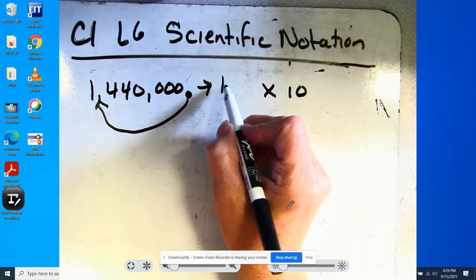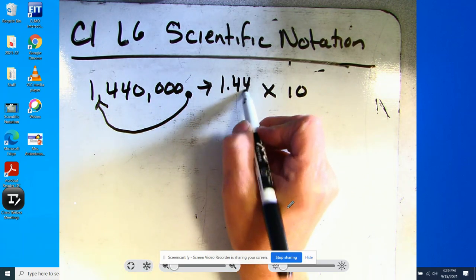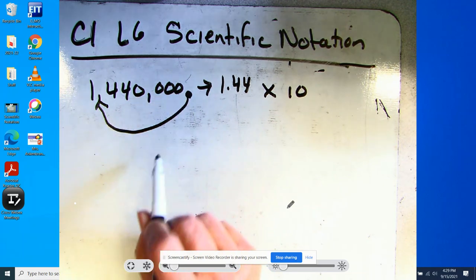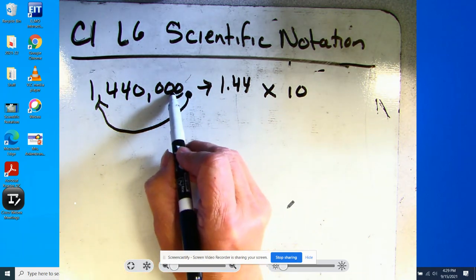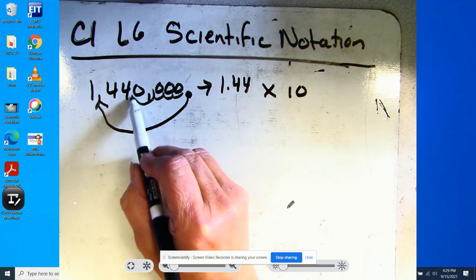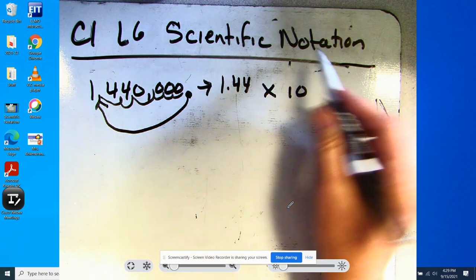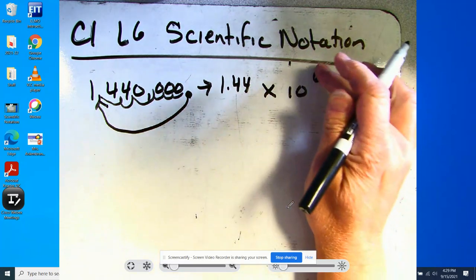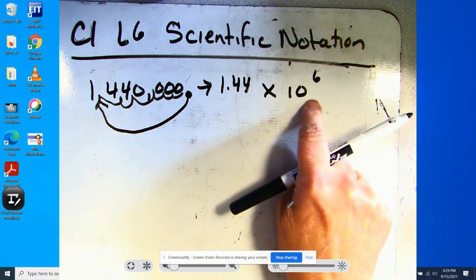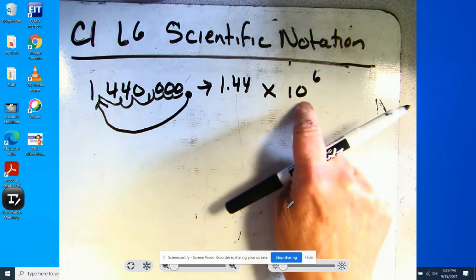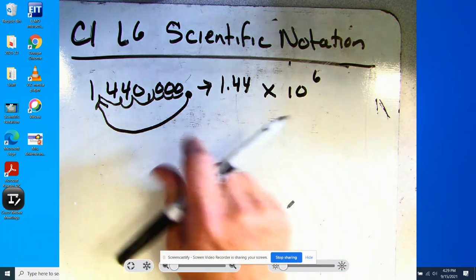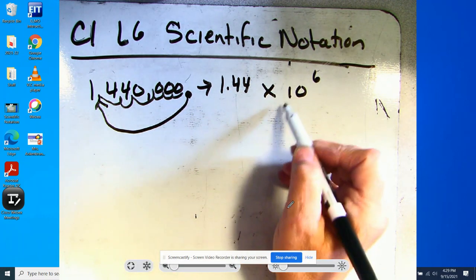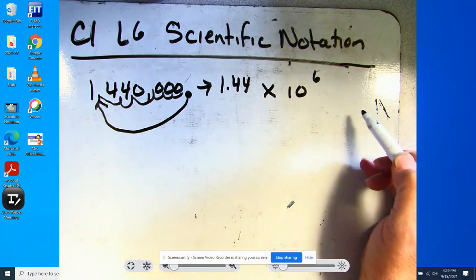So this is going to become 1.44. I don't need those zeros. To get the exponent, 1, 2, 3, 4, 5, 6, I moved it 6 times. But my big number got smaller. So I have to make sure that's a positive 6 because I want to make sure I move the decimal to the right to put it back.